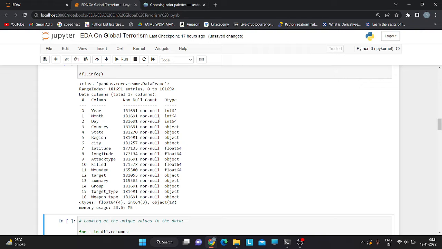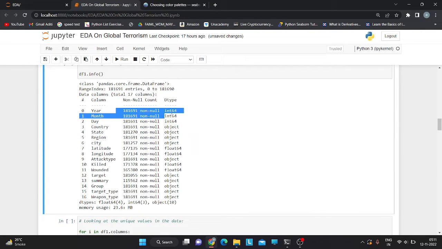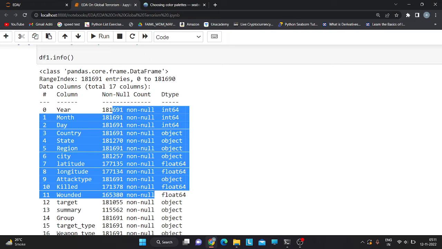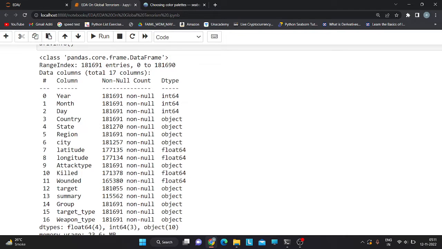So here there are null values in it, and int64 is a data type, and the rest of the part is also the same. There are certain null values in the dataset, like latitude and longitude. We will deal with all of these null values in the next steps.